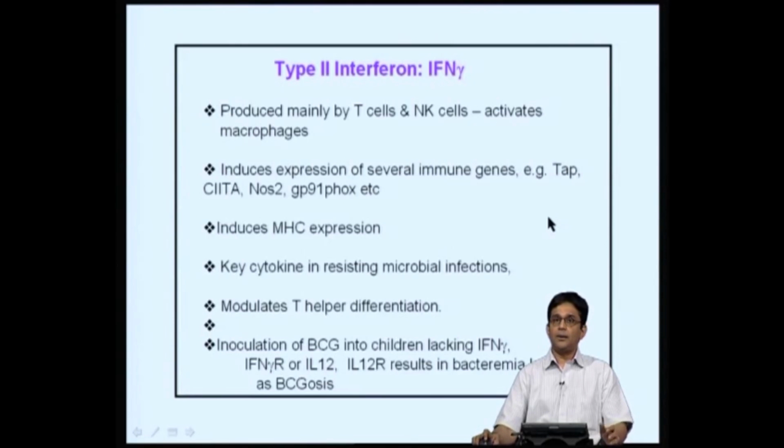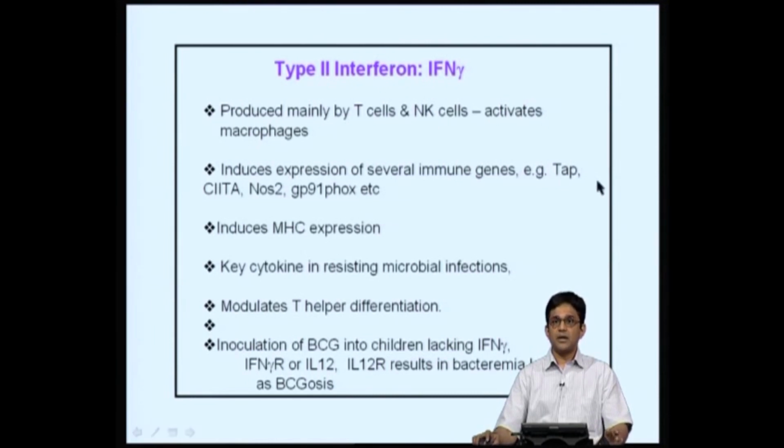The other interferon is the type 2 interferon, interferon gamma. Now, interferon alpha and beta are produced by all different types of cells, whereas interferon gamma is produced mainly by T cells and natural killer cells. Interferon gamma activates macrophages, and it functions primarily through induction of expression of several immune genes.